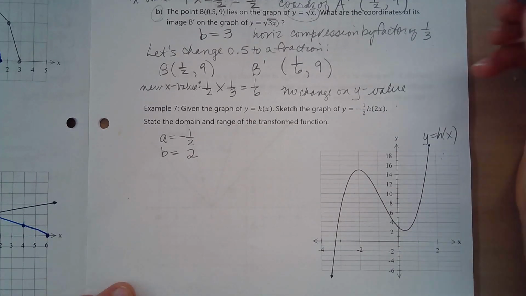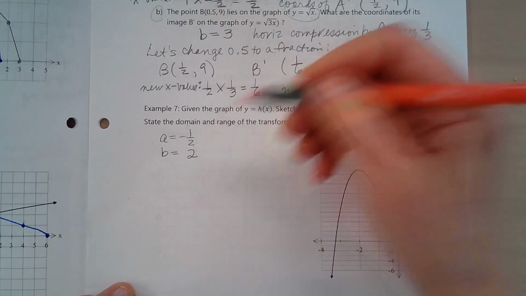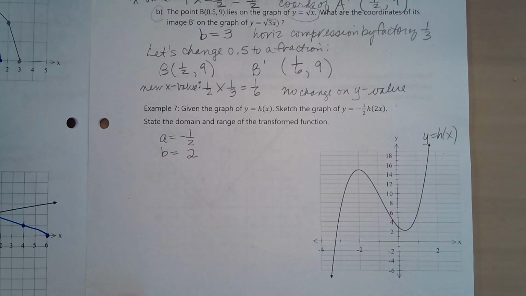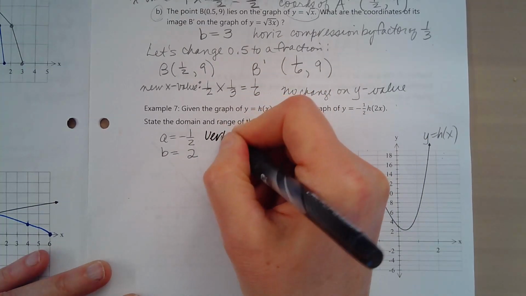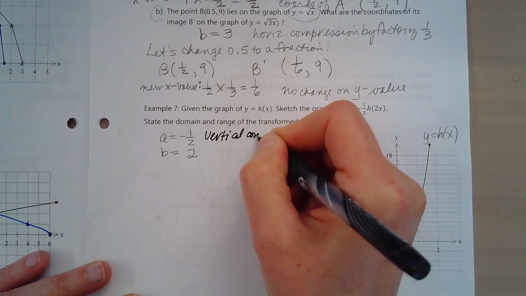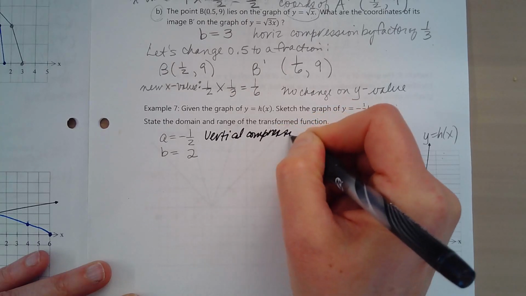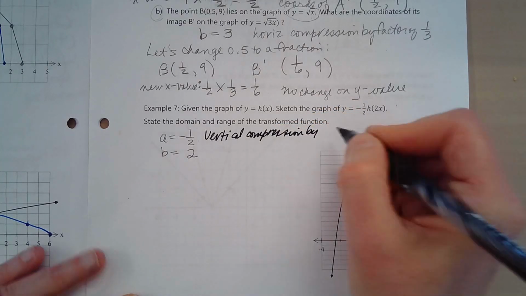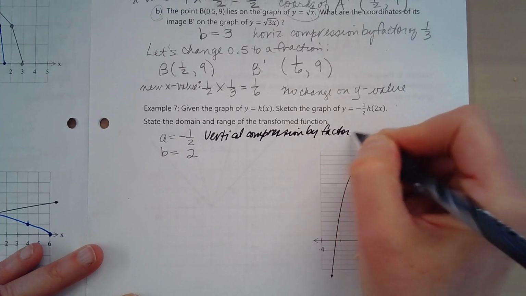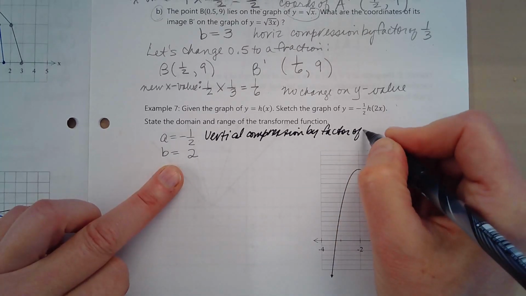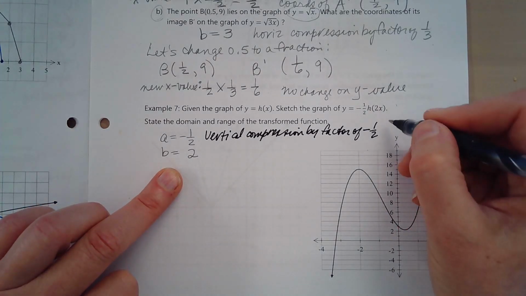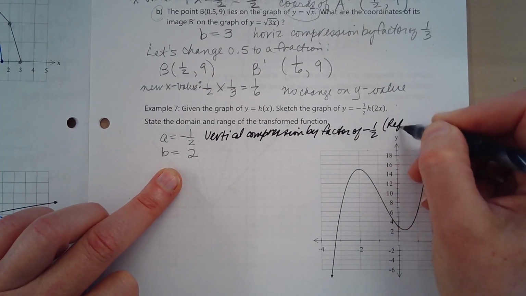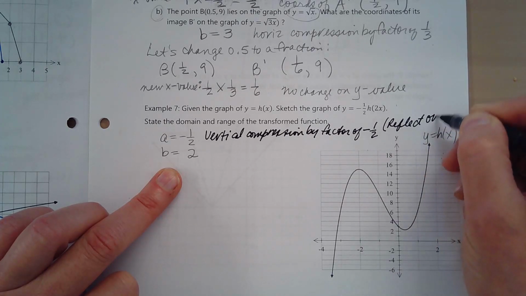Okay, can someone describe what an a value of -1/2 will do to my graph? Okay, vertical compression by a factor of 1/2. I'm going to say -1/2 because that's what we're going to multiply by. But that also represents a reflection over which axis?